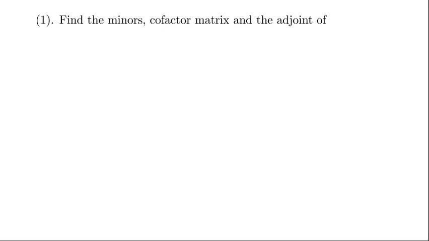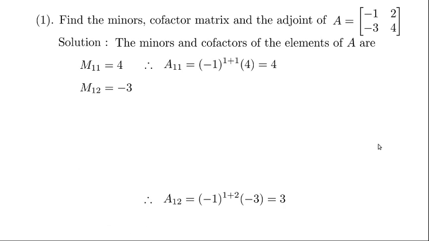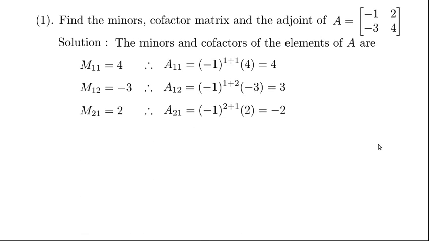Find minors, cofactor matrix and the adjoint of this matrix. Let us first write down the minors and cofactors of the elements of A. If I want to write the cofactor matrix, then I have to find the cofactors also. So these are minors and their corresponding cofactors.